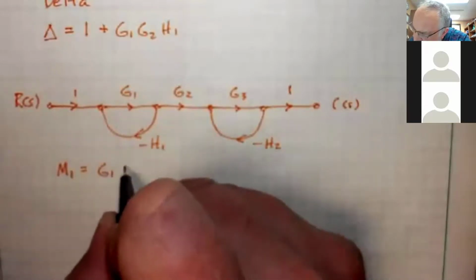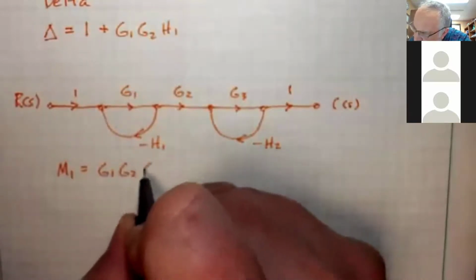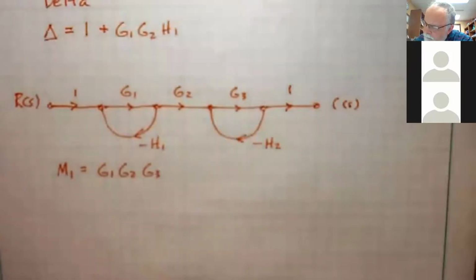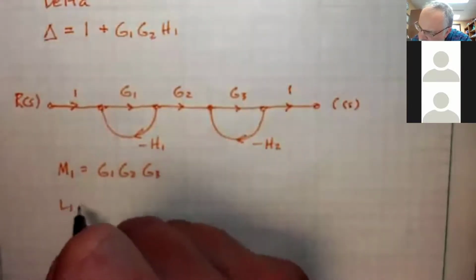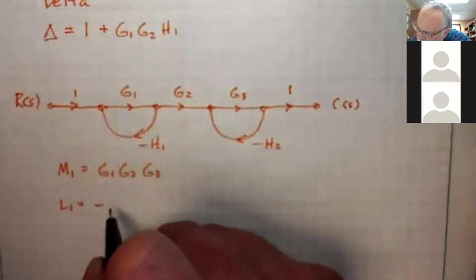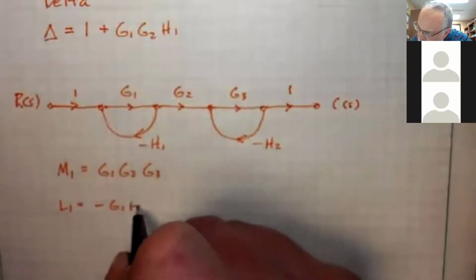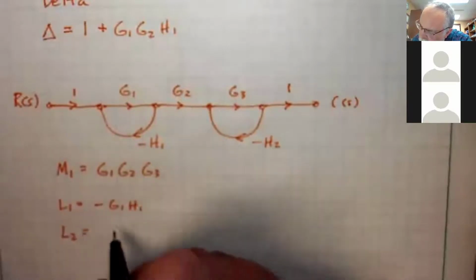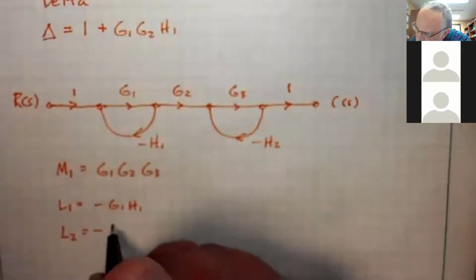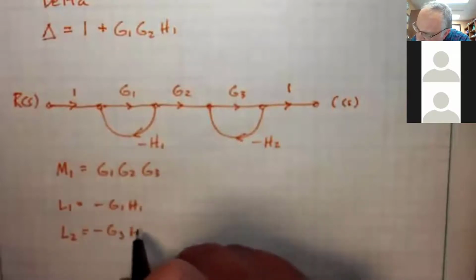So that would be G1, G2, G3. Our loops, you got L1 is equal to minus G1, H1, and loop 2 would be minus G3, H2.